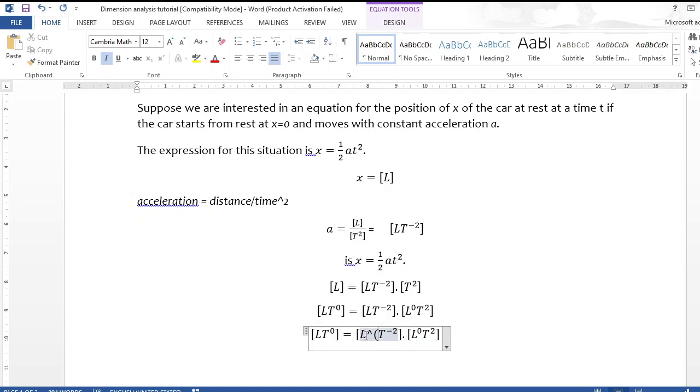So L to the power of 1 times L to the power of 0, you add the powers. Similarly here, multiplying t by t, you also have to add the powers, which is plus 2.